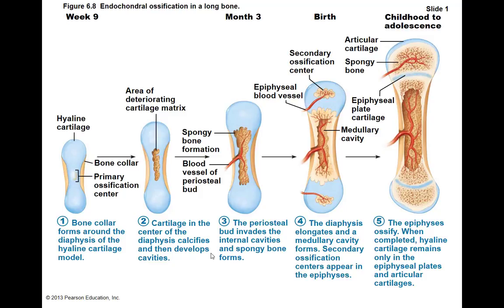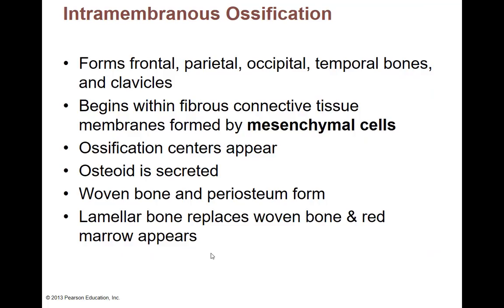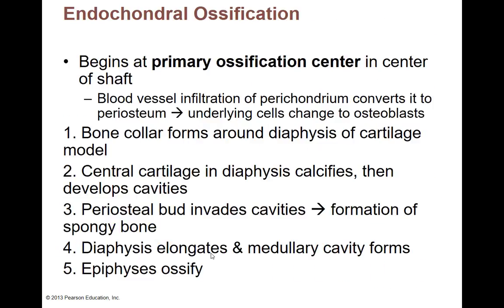We're just slowly getting rid of cartilage and laying down new bone, from the middle, the diaphysis, all the way out to the ends to make that spongy bone in the epiphyseal regions. That's your endochondral ossification; we're going from cartilage to bone.